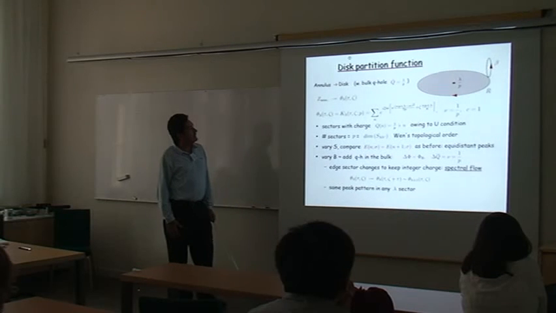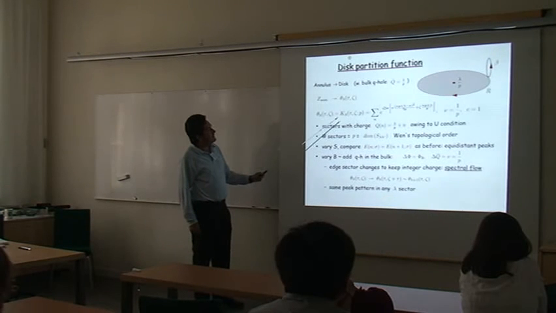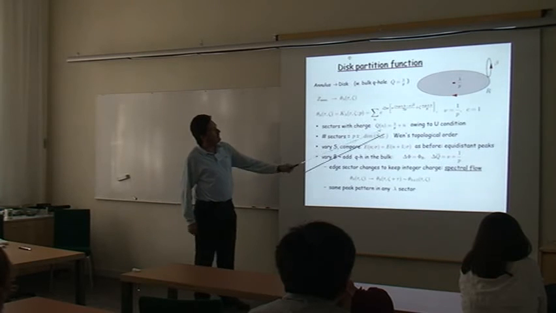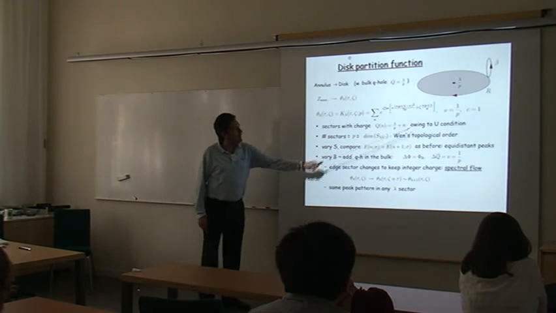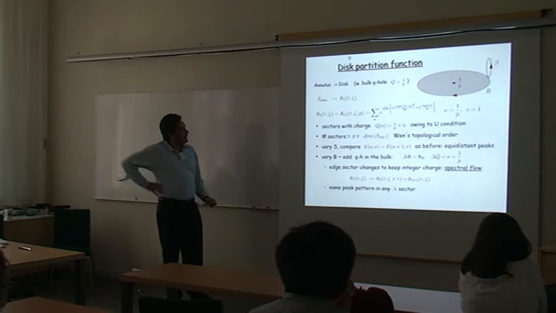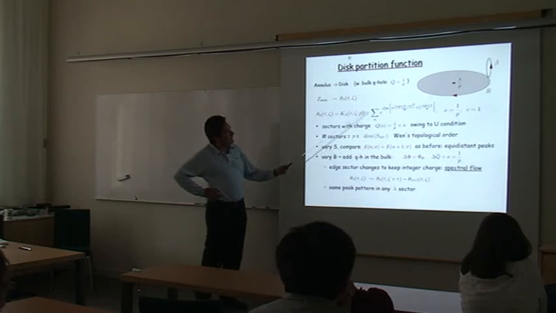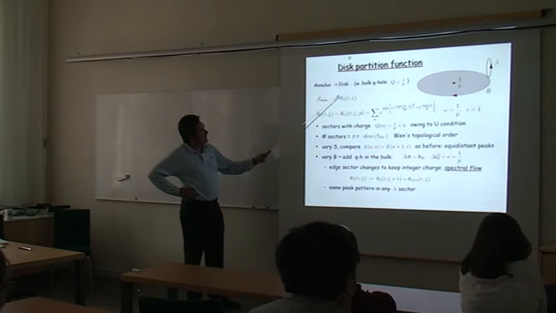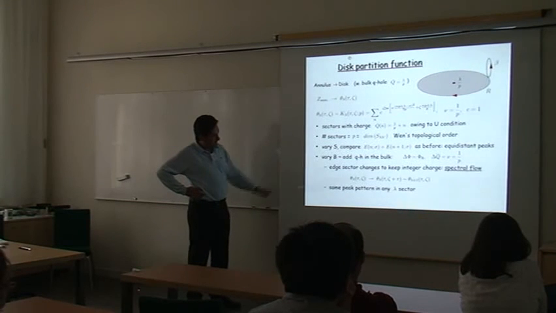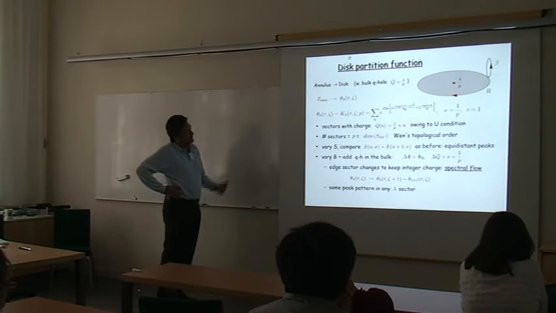So it's just the sum of all the possible states with fractional charge lambda over p. Another important fact is that P, which is the dimension of this set of partition functions, which is also the dimension of the S matrix, is the topological order. In this case, it is P.